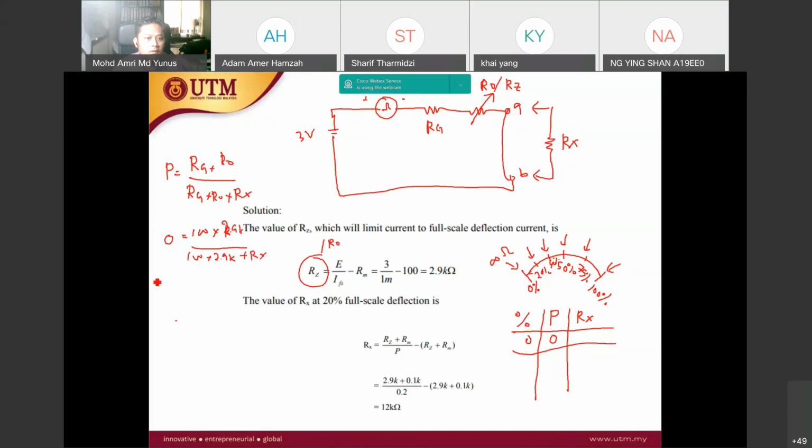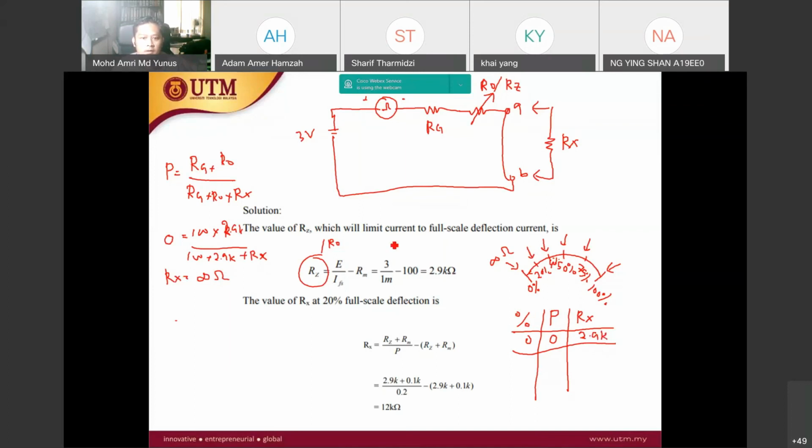If you figure out the value of Rx, in this case, Rx is equivalent to infinity.